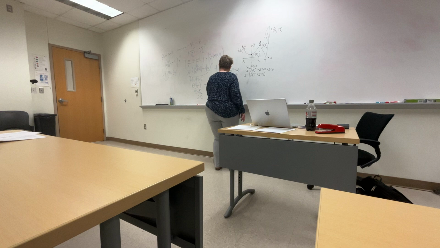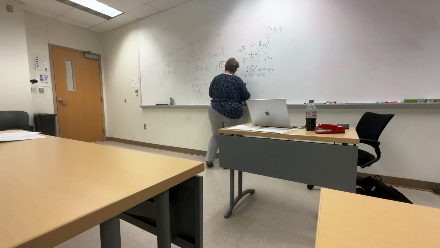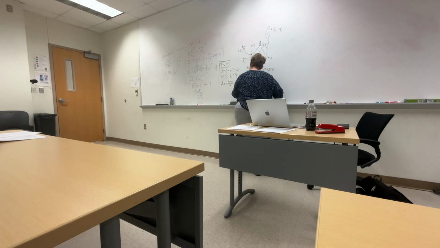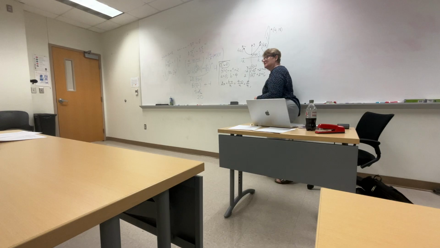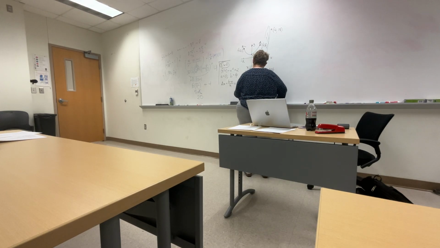So let's see. We started out by saying we need delta x, which is b minus a over n. B is 4, a is 0. So we get 4 over n. And we're almost always going to multiply by i to get our x sub i.